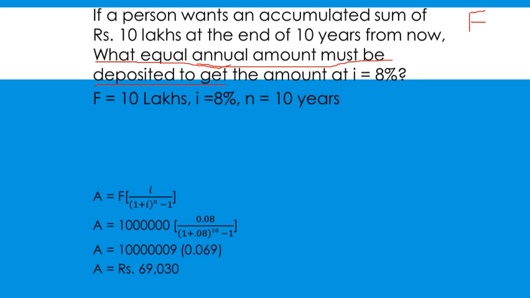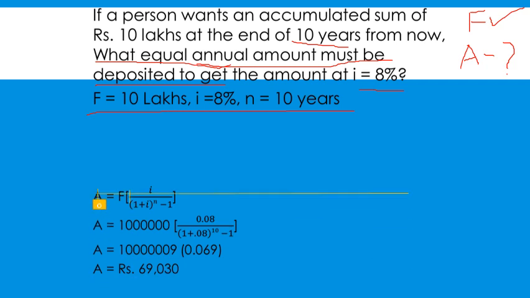So what is to be found out? A is to be found out. F is known to me, that is 10 lakh rupees. A is to be found out. So this is a relationship between F and A. At an interest rate of 8%, N is equal to 10 years. This is the given data.